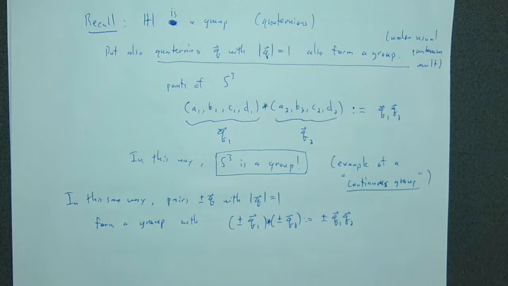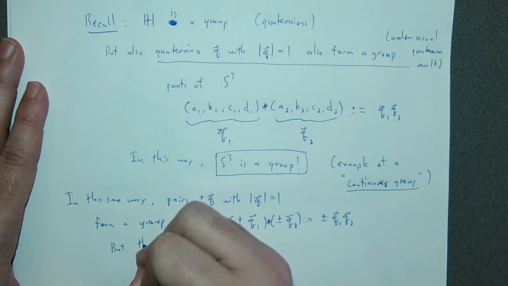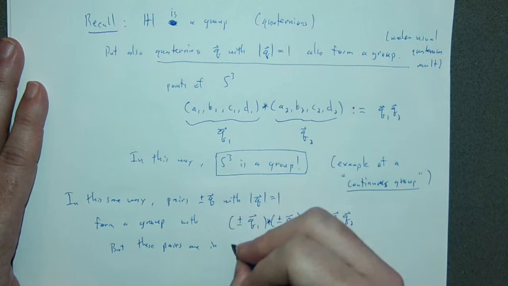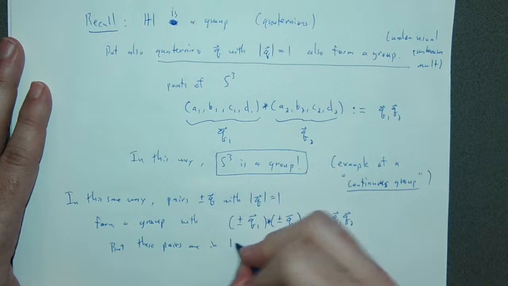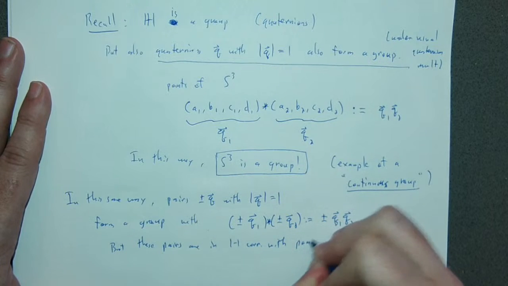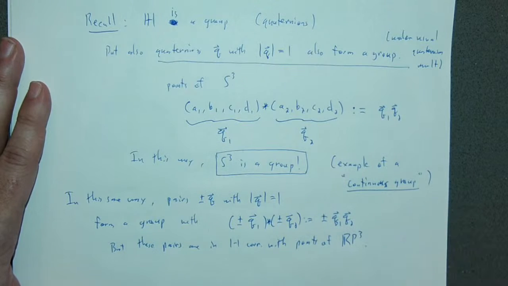Okay, and these pairs are in one-to-one correspondence with the points of RP3. Thus, we can move this group structure on pairs of quaternions to RP3.